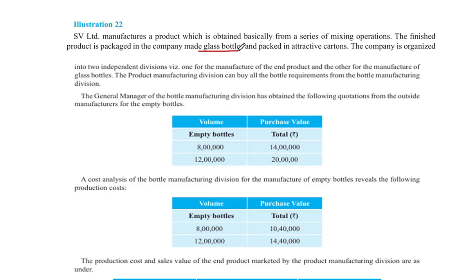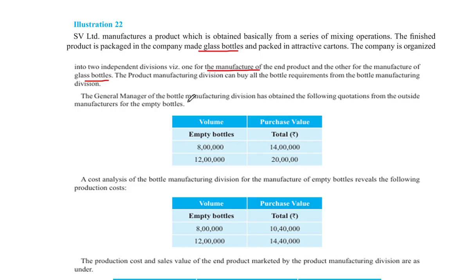First is the bottle manufacturing division and the other is the product manufacturing division. The product division uses bottles supplied by the bottle division. Now the question is simple. At what price should the bottle be transferred? That means we need to calculate the transfer price.